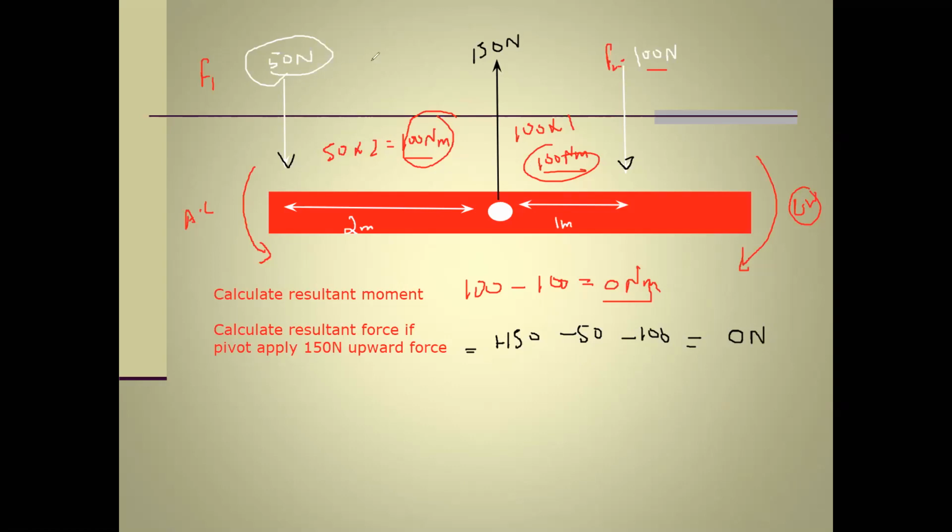So if the resultant force is 0 and the resultant moment is 0, what do we call this condition? We call this condition that the object is in equilibrium.